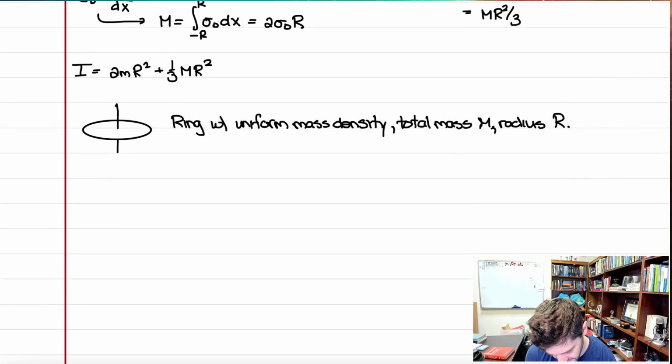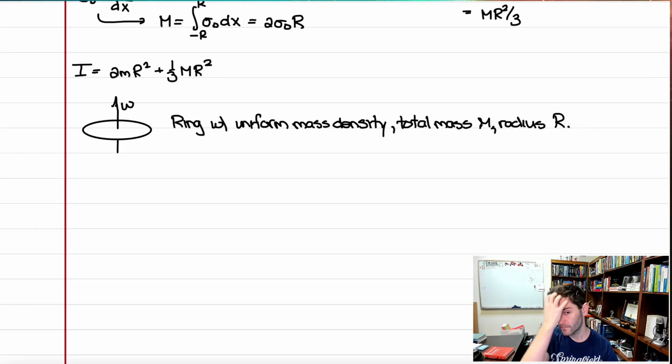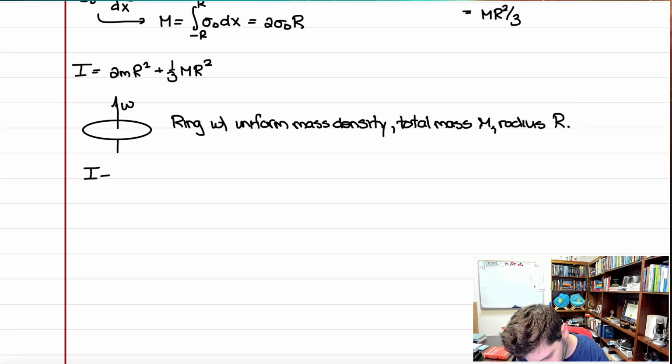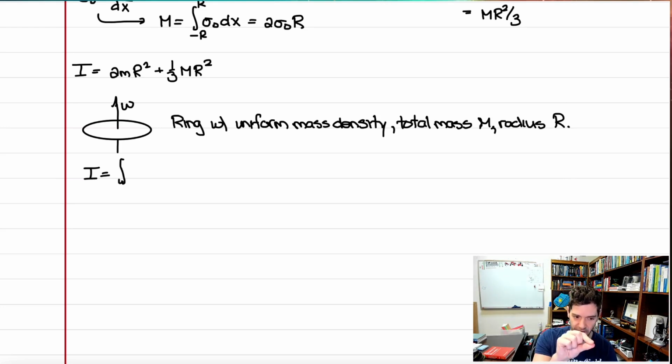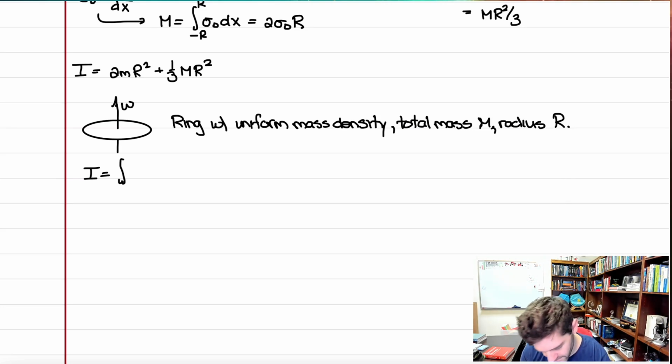And again, it's rotating around some axis, which I will place at the center of mass for this ring. All right. The rotational inertia then is an integral over the position of all these mass elements r from the center of mass.